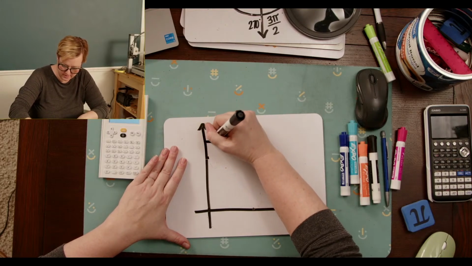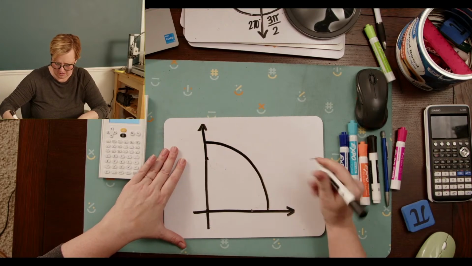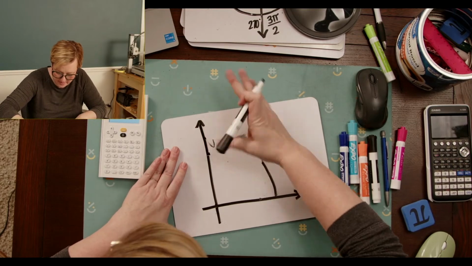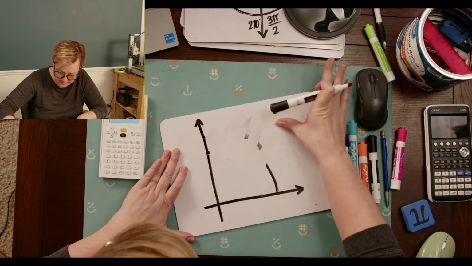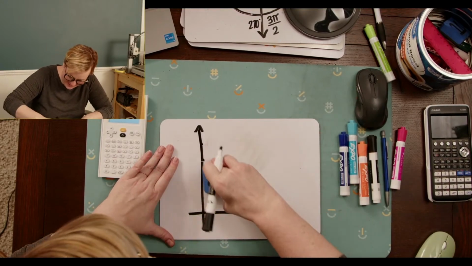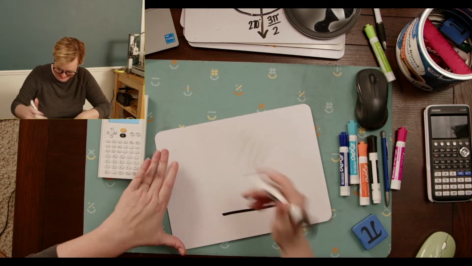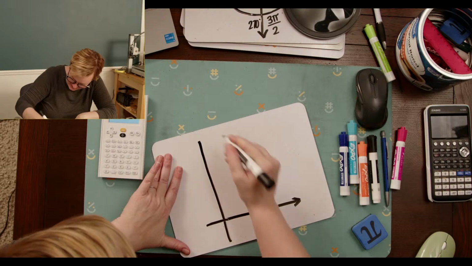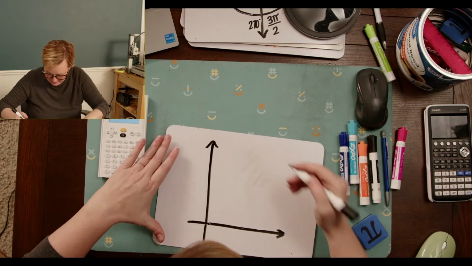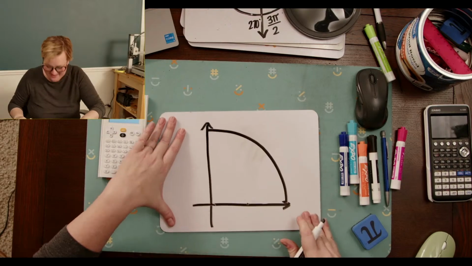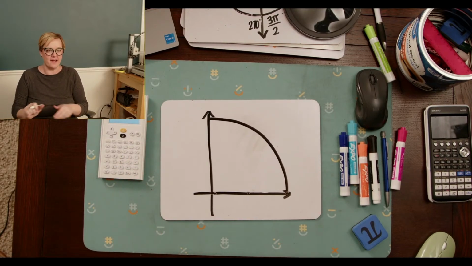Let's draw it out a little bit bigger. Oh, that's even worse. Oh no. I know, guys. It doesn't matter. But it does. I'm just going to start over. Stop it. I have a generalized anxiety disorder. Okay. Ooh, look at that. Okay.